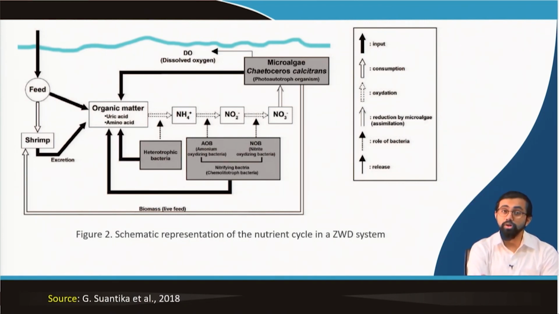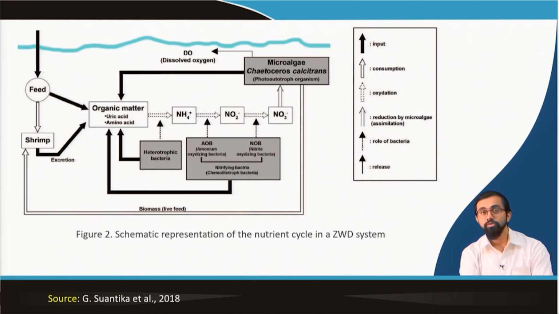We utilize heterotrophic bacteria, which convert this uric acid and amino acid to ammonium ion, NH4 plus. This ammonium ion is then utilized by the nitrifying microorganisms. How do they work? First, the ammonium oxidizing bacteria will start working on it.